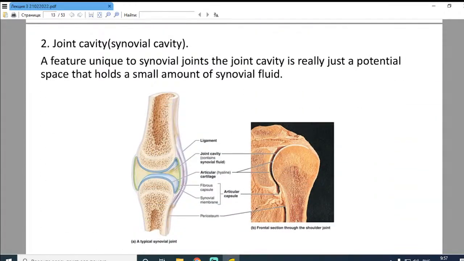Joint cavity, a feature unique to synovial joints, is really just a potential space that holds a small amount of synovial fluid.